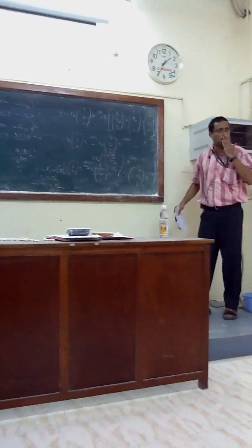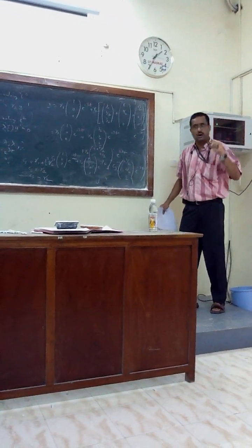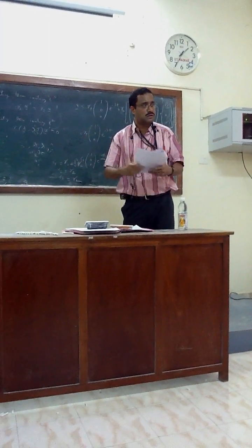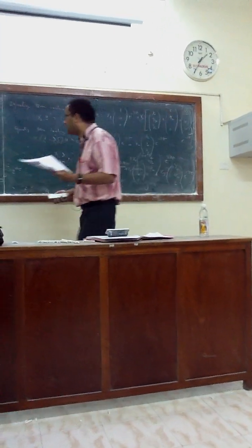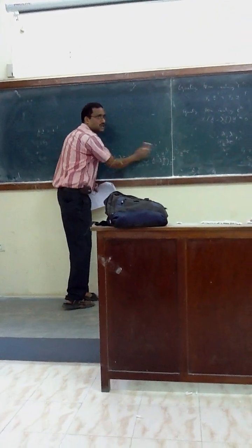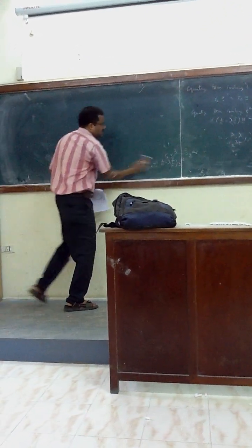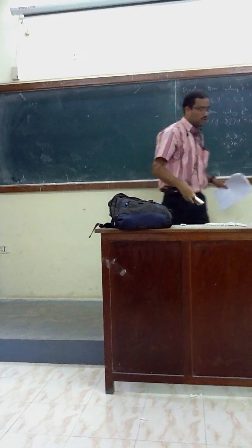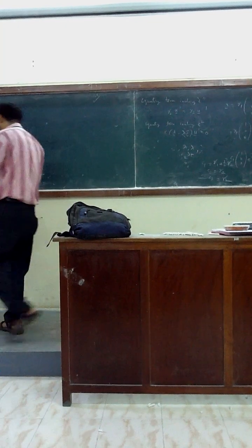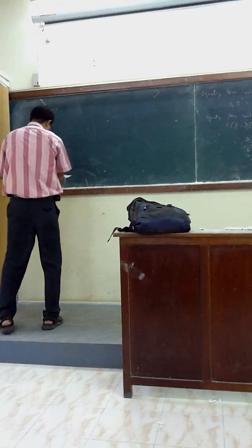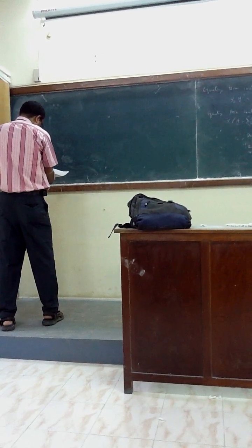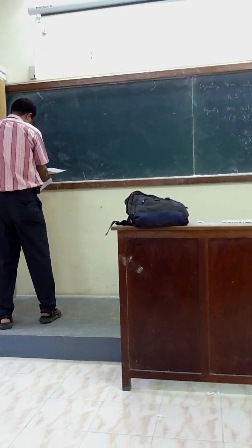Are you getting it? Yes or no? Got it? Check it once again. Ravi Teja, what's the fundamental matrix? Remember that the fundamental matrix may not be unique. Ravi Teja may get one fundamental matrix, you may get a different fundamental matrix, but M(t) M inverse(0) should be the same.